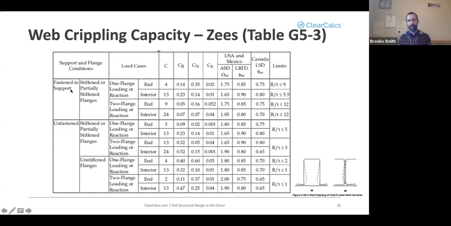So for example, if you have a beam that's fastened to the support but with unstiffened flanges, you'll notice that you have no values in this table for that. Usually what we'll do in that case is use the more conservative option. So even though it's fastened, we'll use the unfastened value, unstiffened flanges, and look up using that.